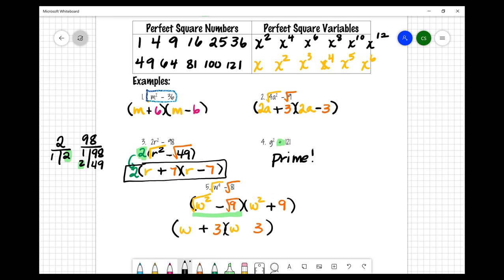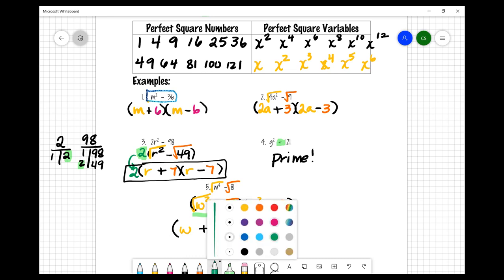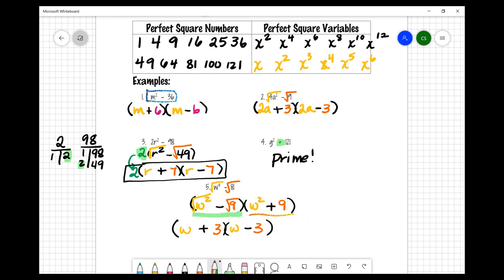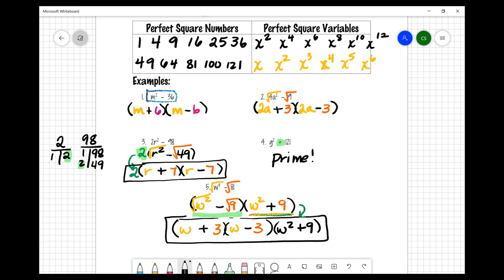And remember, one gets a plus sign and one gets a minus sign. But what about this binomial here? Since I can't factor it anymore, I just bring it down. And this is my factored binomial.